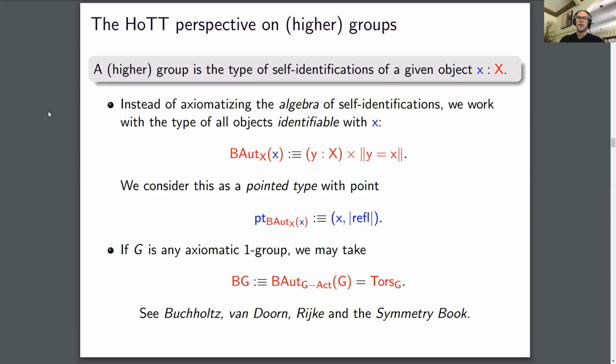B Aut in the type capital X of little x is the type of all things in capital X which are merely identifiable with our reference point little x. And so we consider this as a pointed type. We need to remember that reference point because we need to remember what we're self-identifying.